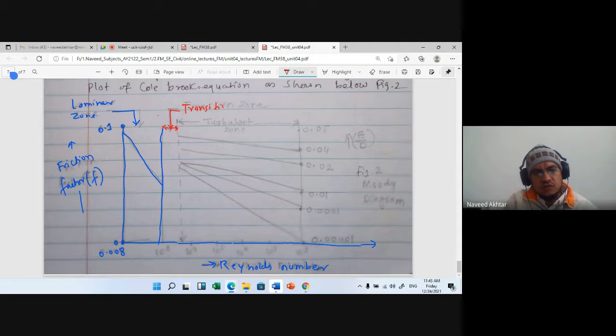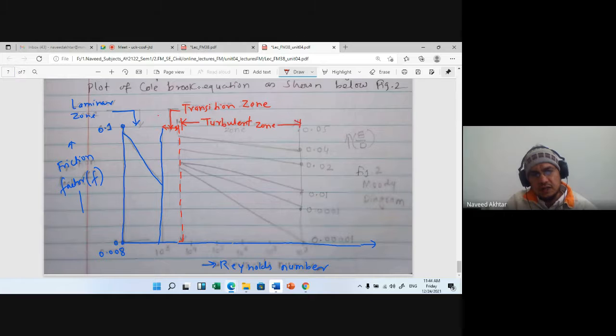Transition flow, you know. This transition zone is as per the Reynolds number, and here I will draw a dotted line to separate the transition zone from the turbulent zone. So here it is the turbulent zone.